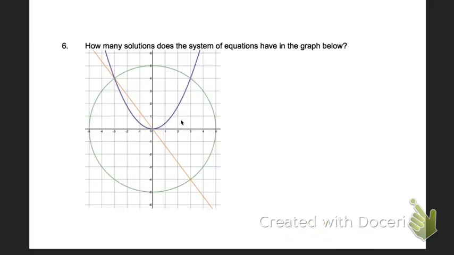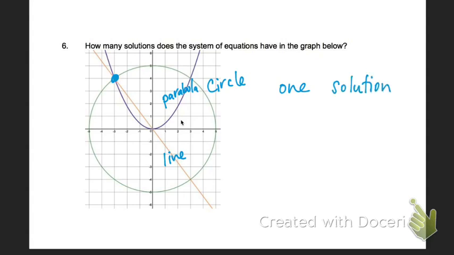Let's look at number 6. So we have a circle, we have a parabola, and we have a line. How many solutions does the system of equations have? So when all 3 intersect? Just one. This is an SAT problem. I've seen it a lot of times. It just asks you how many there are.